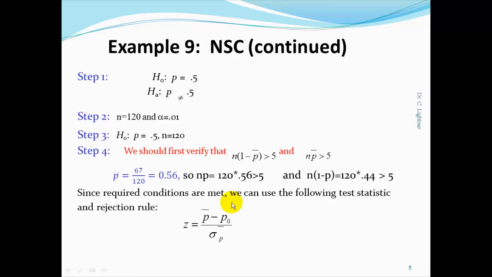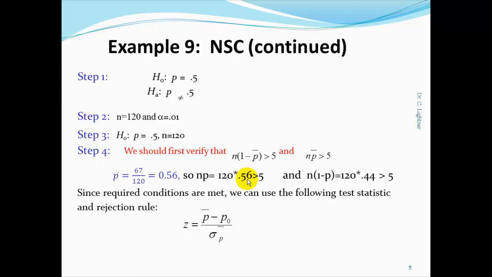For our problem, since 67 out of the 120 accidents were caused by drunk driving, our p-bar value is equal to 67 over 120, which equals 0.56. So we have to verify that n, which is 120, times p-bar, which is 0.56, is greater than 5. If you compute this in your calculator, you'll see that this value is greater than 5.